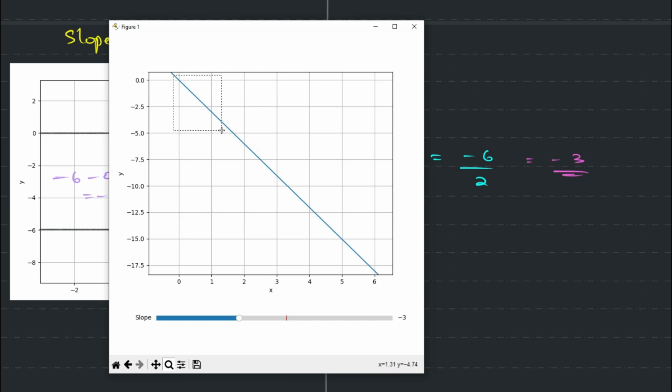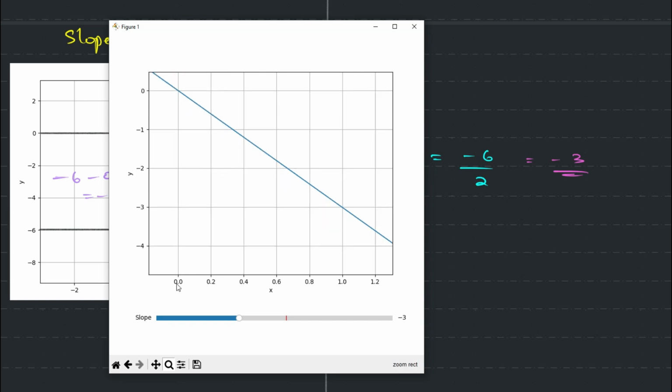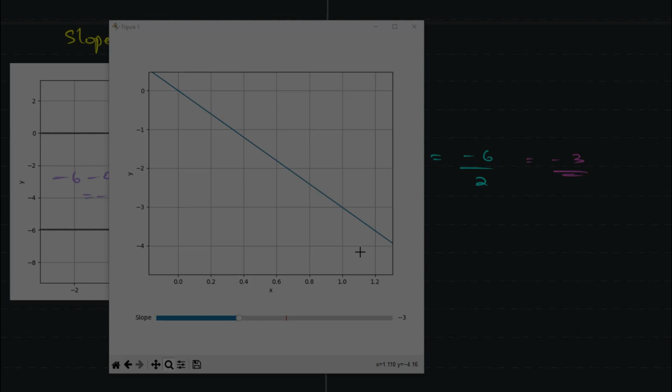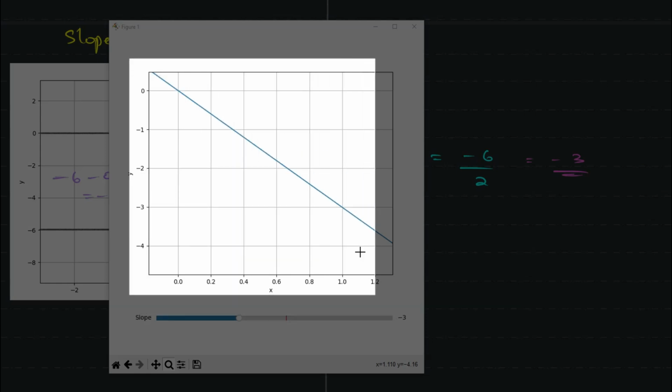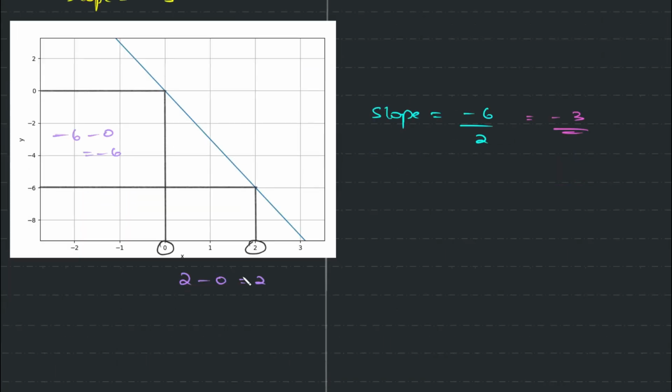Let me zoom into one of them. That will make it clear. So this is 1 unit run. So there will be 3 units drop. Let me take a screenshot.